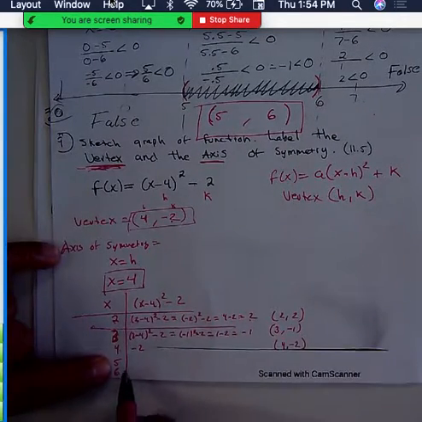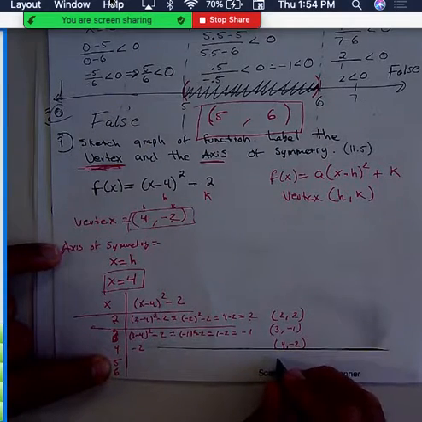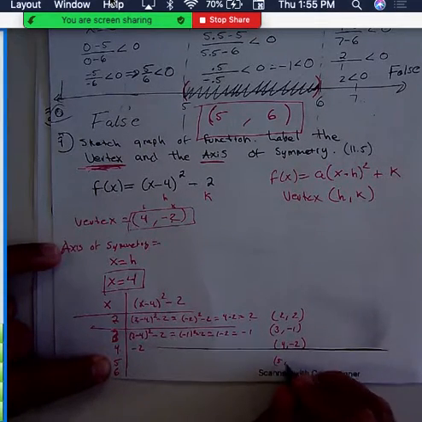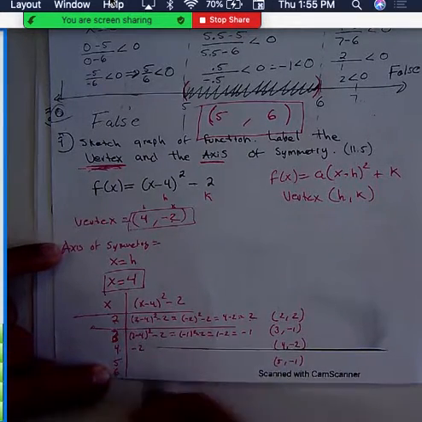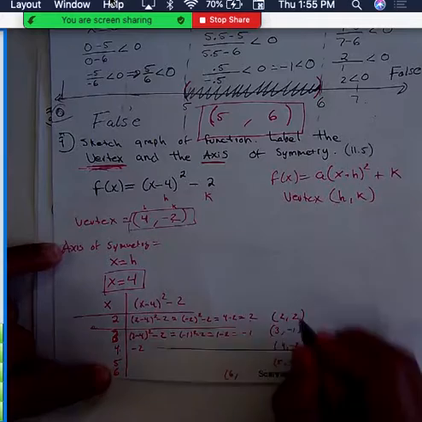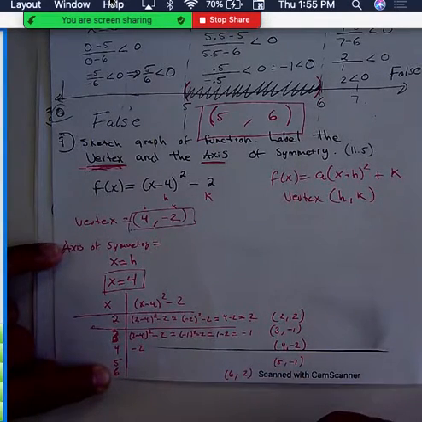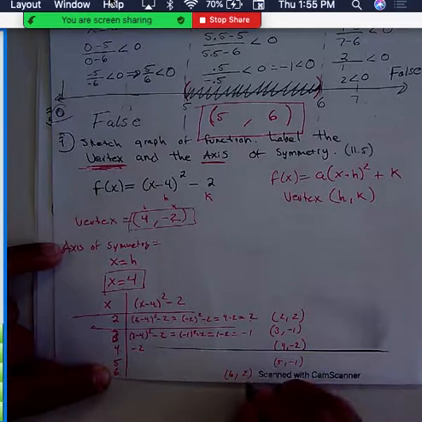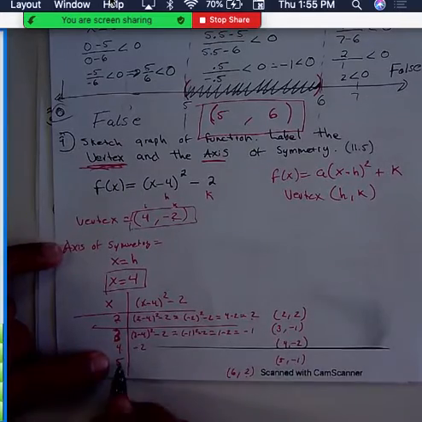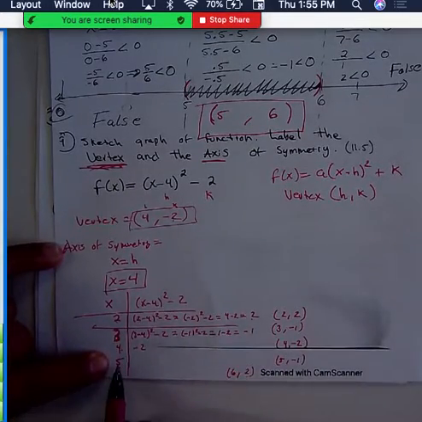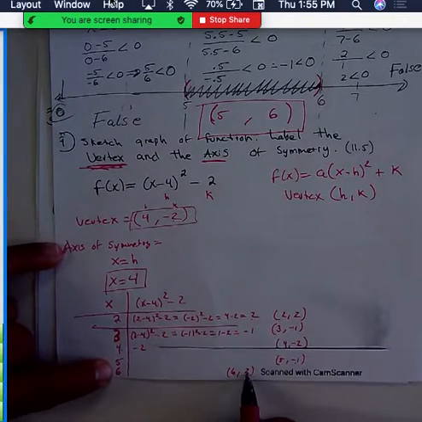And since they're symmetrical, I know 5 should give me the same, negative 1. And since this is symmetrical, this is going to give me 6, positive 2. So 3, negative 1, and 2, 2; 6, 2, and 5, negative 1. Because they're symmetrical, if you substitute 5, you will get a negative 1. If you substitute the 6, you will get a 2.